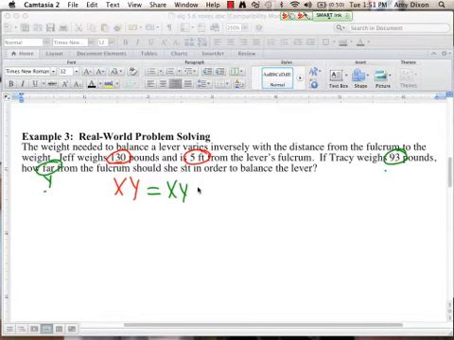So our x for Jeff is 130 pounds times our 5 feet from the fulcrum equals, and then we do our other side. We have 93 for x, and then we have just y. So we solve this just like we did example 2. It's just we now have a word problem to go with it. So we take 130 times 5.